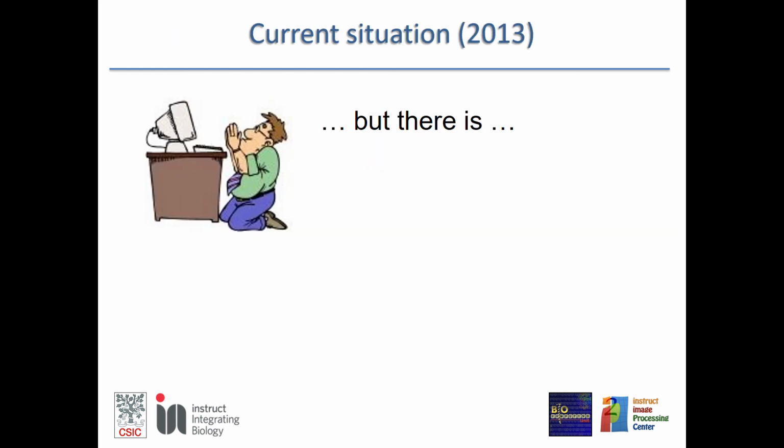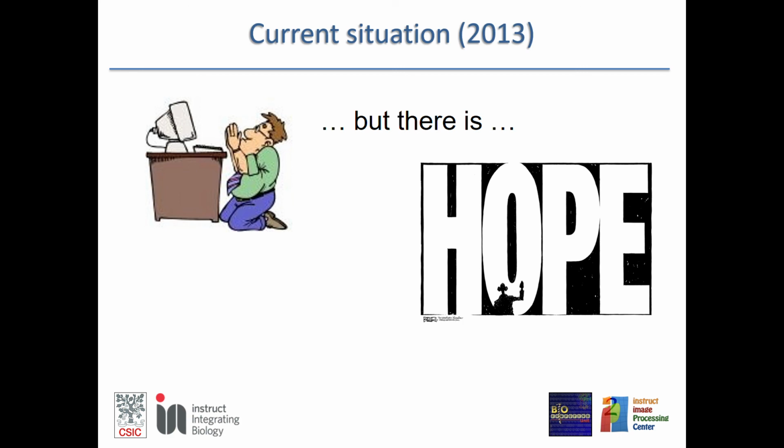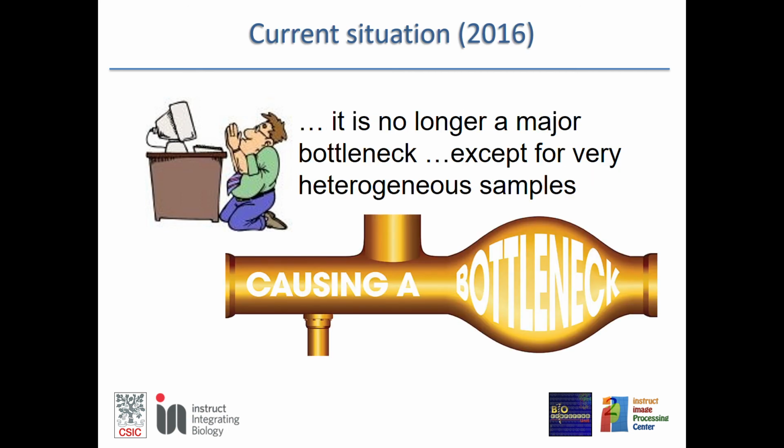This talk that I gave in 2013, I finished it by saying there is hope, because at that moment there was a lot of activity in devising new algorithms for solving the initial volume problem. At present, and that was already four years ago, I would say this is not a bottleneck anymore.